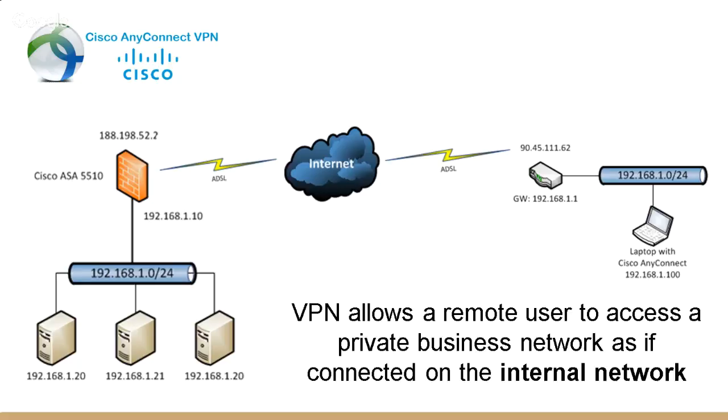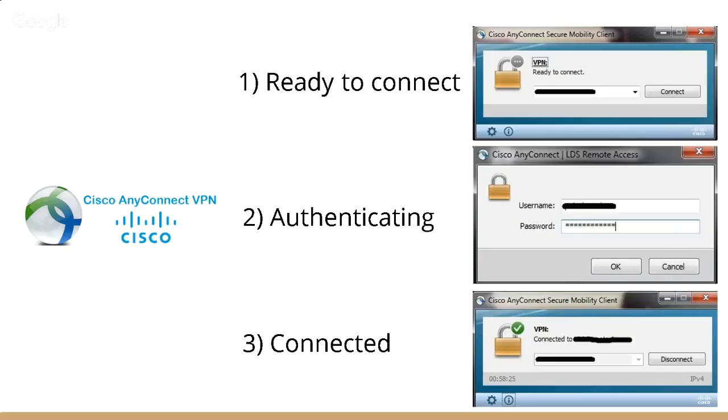A remote access VPN allows a remote user, usually an employee, to access a private business network. After connecting, it would assign an IP address as if the user was inside the internal network. These images on the slide show the process of connecting a remote user to a corporate network using the Cisco AnyConnect.